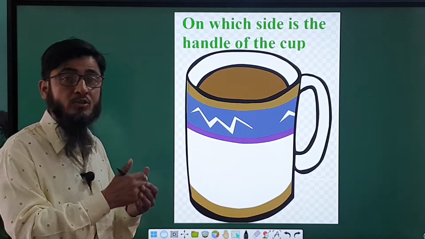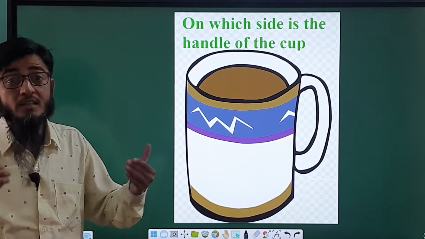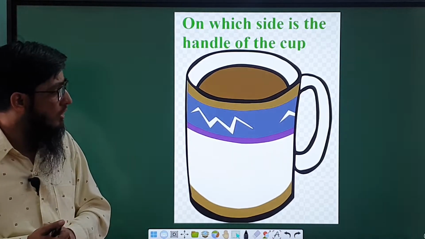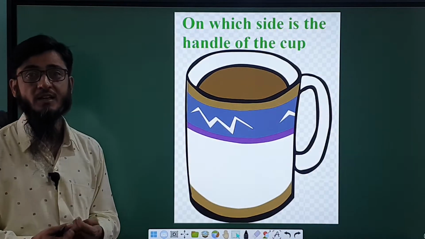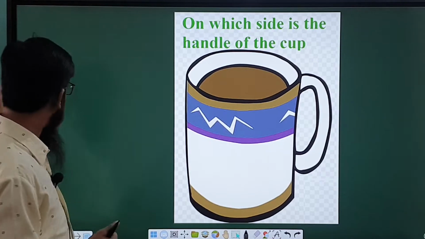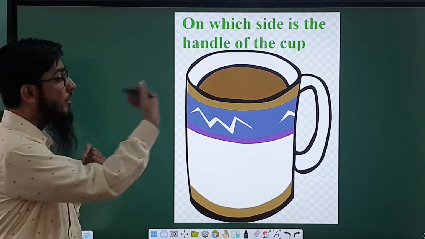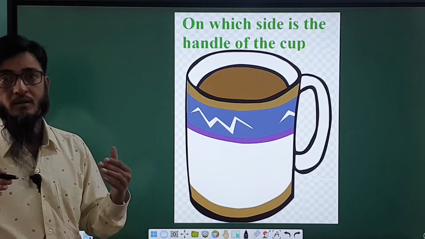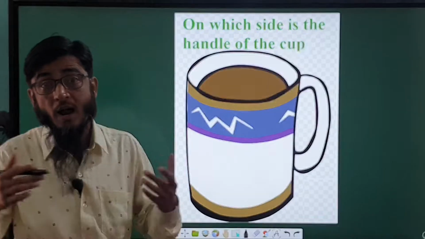This was another answer. Let's eliminate these obvious answers. Again think and you see that if you are looking from this side, that is from the front, the handle is on the front, and if I am looking from this side, then the handle is on the back side of the cup. Is this the final answer or are there other answers?